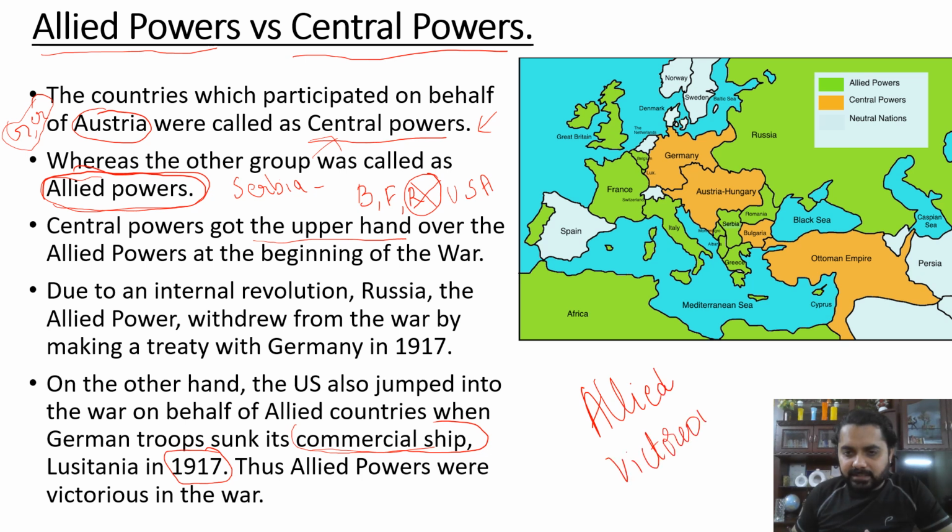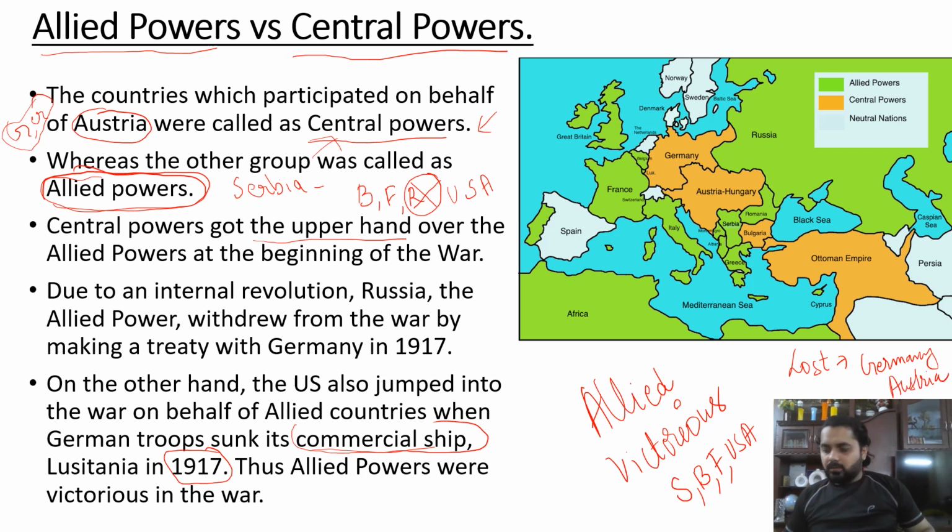The elite powers include countries like Serbia, Britain, France and the USA. These countries became victorious, and the countries that lost the war included Germany, Austria, Hungary. Okay, so these are the countries that lost World War One, children.